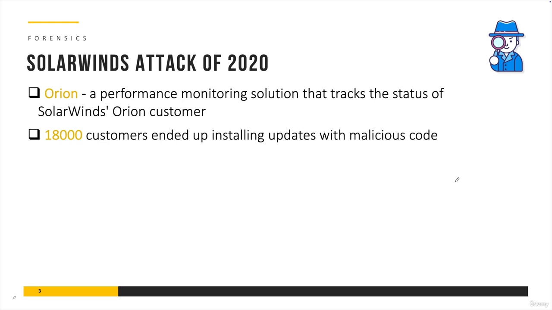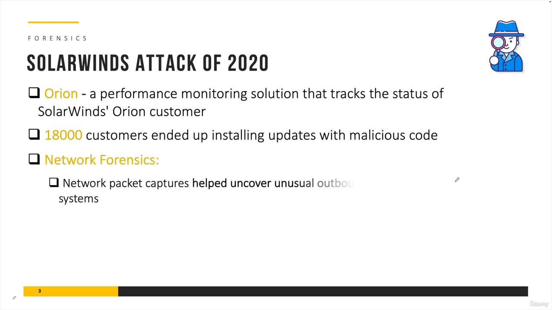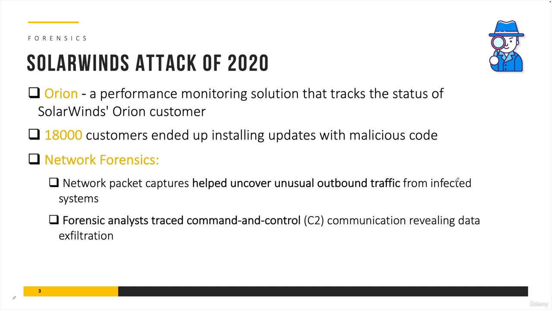Now, this was one of the largest cyber attacks, but what we want to discuss is how network forensics helped uncover as well as mitigate this attack. So network packet captures helped uncover unusual outbound traffic from infected systems. And then forensic analysts traced the command and control communication, which revealed a data exfiltration pattern.